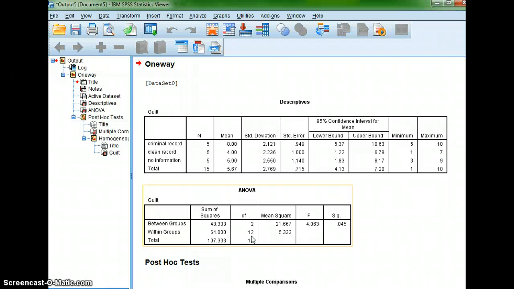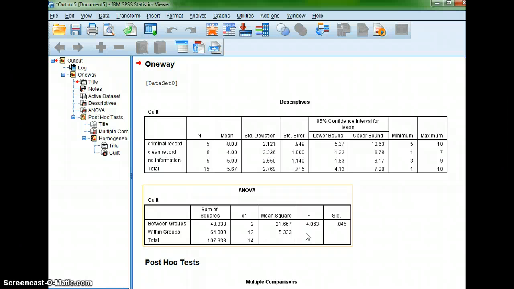I can see that that F cutoff value is 3.89. Well, I can see here that 4.063 is greater than 3.89, so that tells me it's going to be in the critical region. And because it's in the critical region, I'm going to reject the null hypothesis and say that there is a difference between the groups and how they scored there.